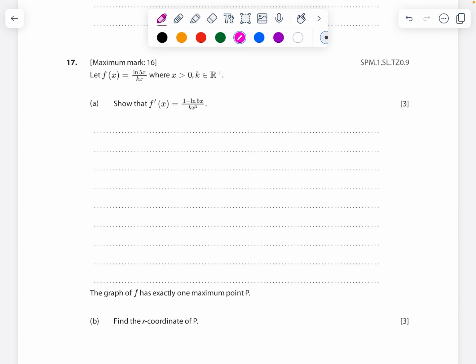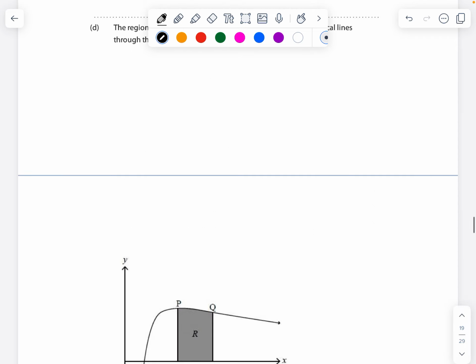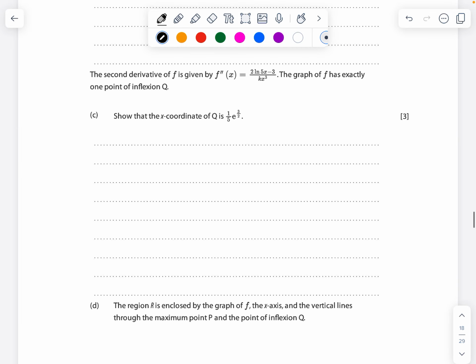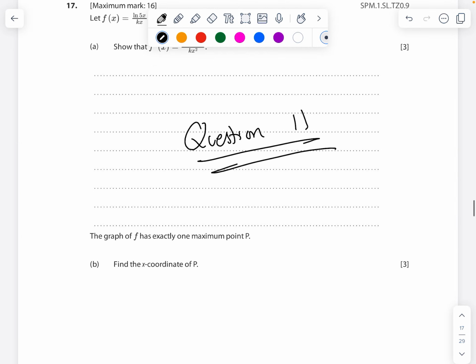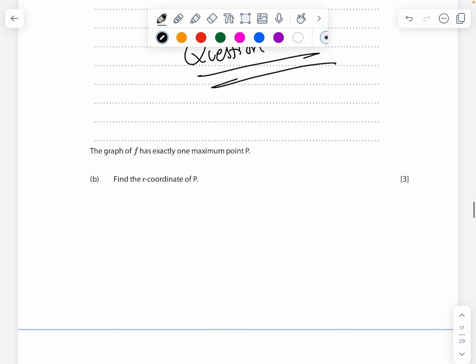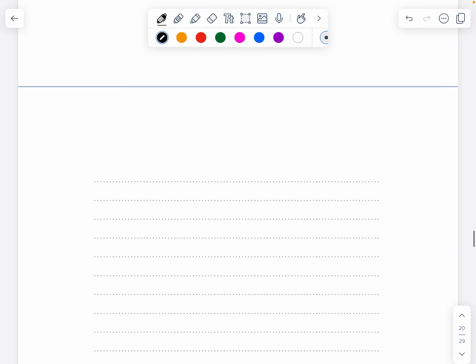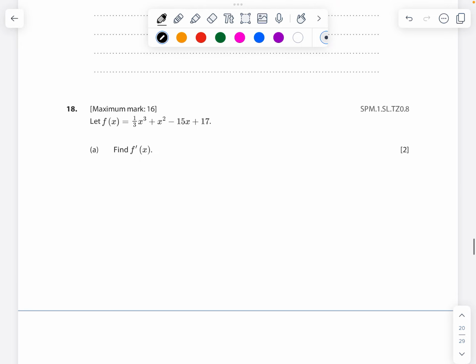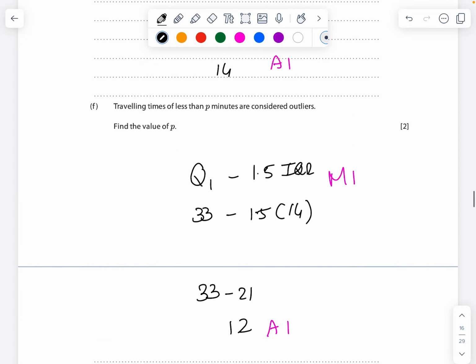So f of x, this is just now repeated as question 11. In this video itself only, refer to question 11. It is going to be the same. Now this is also repeated, as you can see, question 18 is in this video itself only.